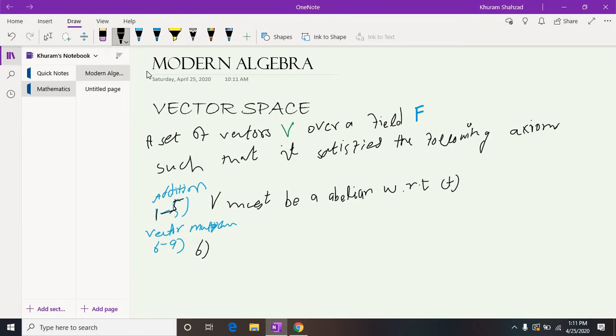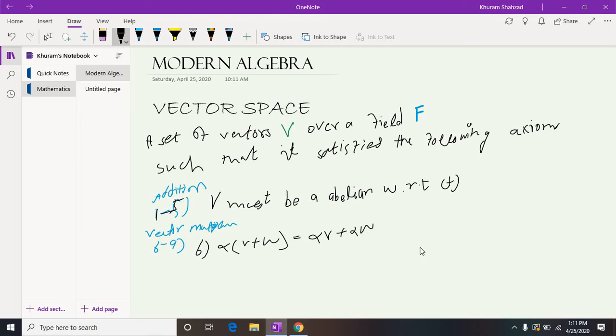So you can relate this to the idea from physics. The 6th axiom of the vector space says that if you have a scalar belonging to your set F and you have two elements, they can be more than 2, from your vector space V, and you multiply the scalar with the sum of those vectors, then you can add the vectors and then multiply by the scalar, or you can separately multiply the scalar with those vectors.